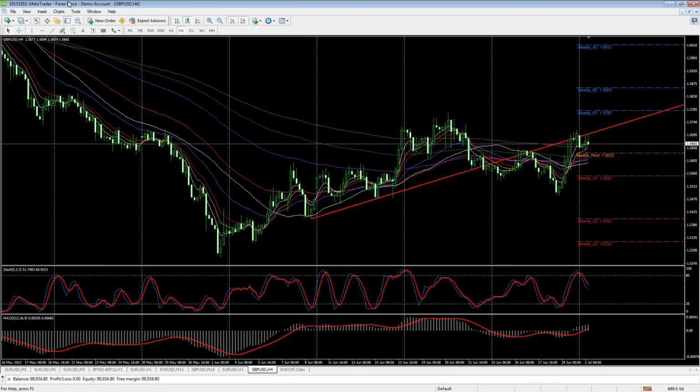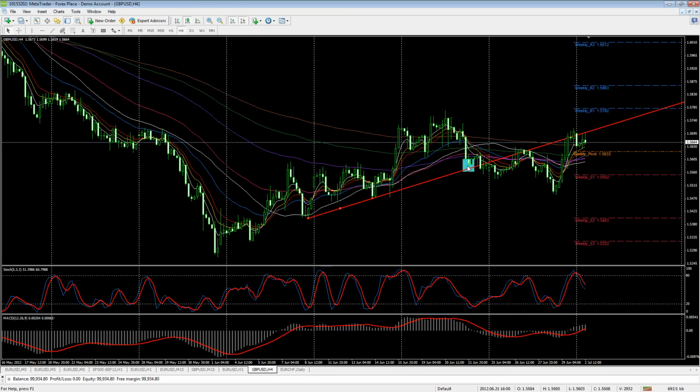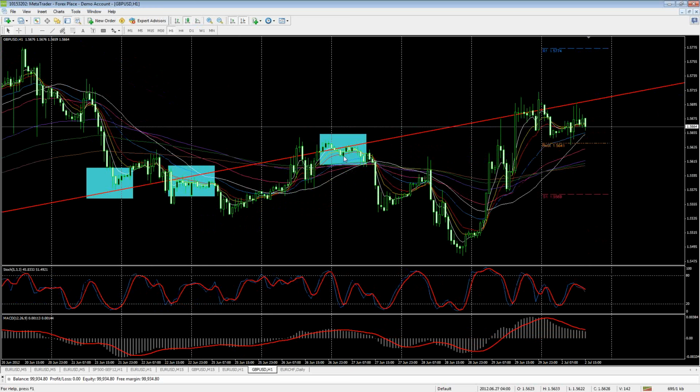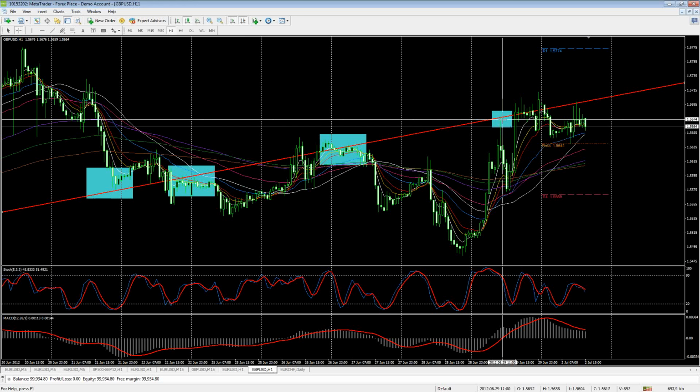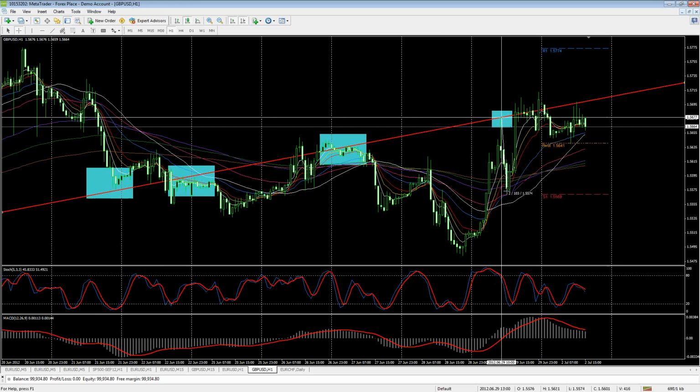Okay, you can see this trend line, how it serves as support, and then, okay, support here, and then resistance, and another resistance around here. And on Friday, okay, when it reached this trend line again, you see the strong resistance. It immediately dropped, okay, and this drop was about 100 pips.